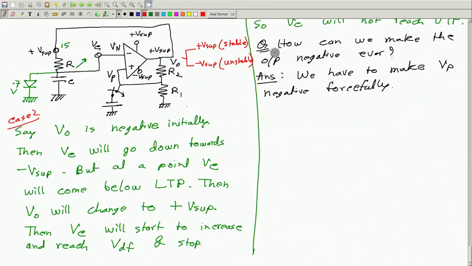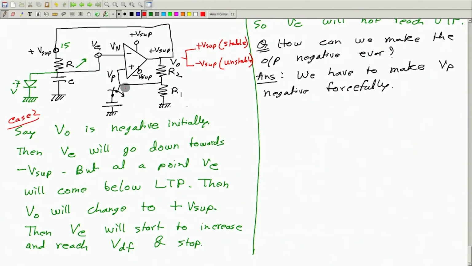And then an interesting question that we asked is that if positive output is the only stable output, then can we ever make the output negative? And we said yes, we can do it forcefully. How?